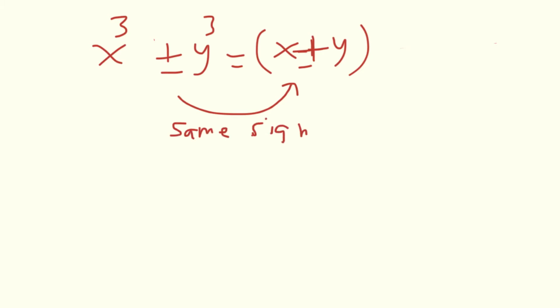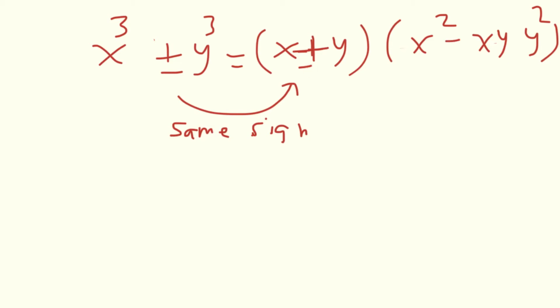But the second part is different. The second part will be the first squared and the last squared. Between them will be the first times the second, without the 2, just first times second, x y, but with opposite sign. That means if this is plus, I'm going to write minus here.